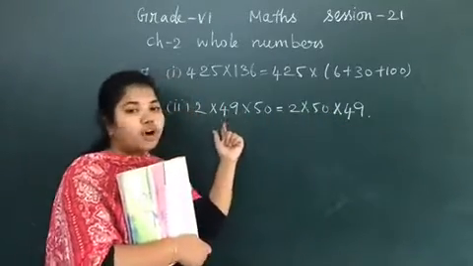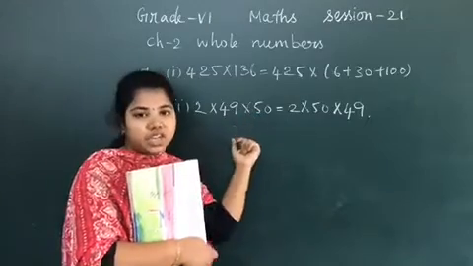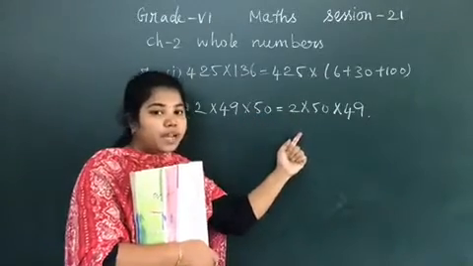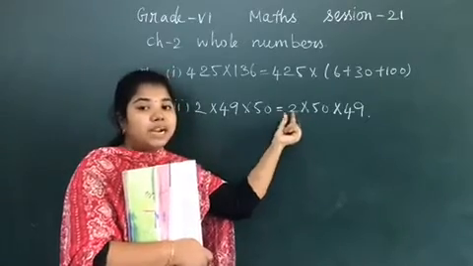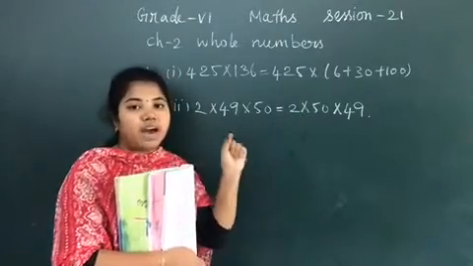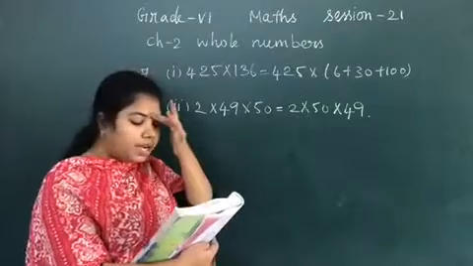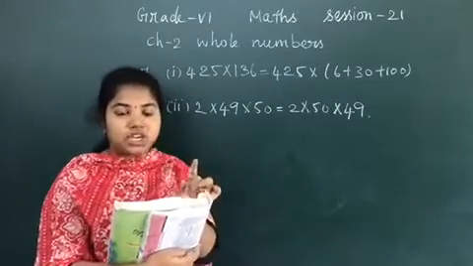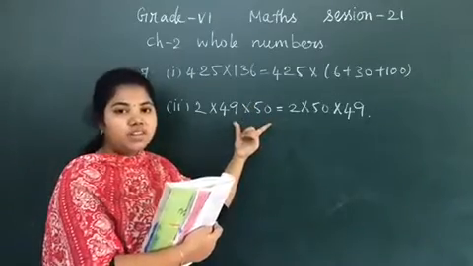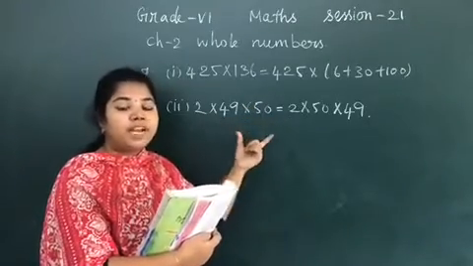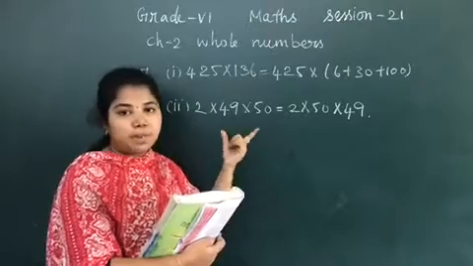The places of 49 and 50 are interchanged. So it is commutative property. So what is the basic operation given here? It is multiplication. So check where it is there. Now commutative property under multiplication. It is the A. Correct match for this is commutative property under multiplication.